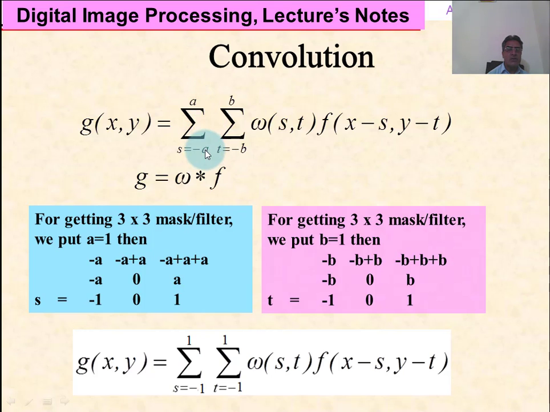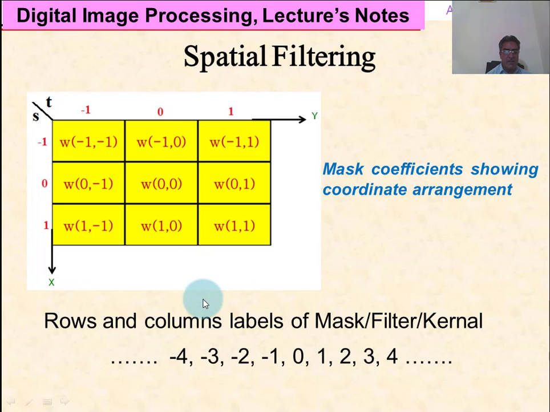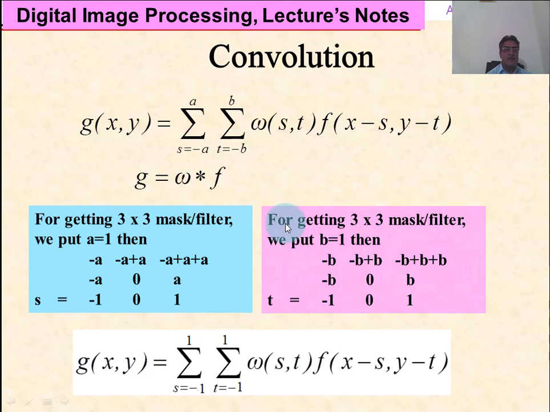If a is equal to 2, then from -2 to 2 there will be 5 values, and this loop will run for 5 cycles, and this loop will also run for 5 cycles. And if a is equal to 3, then from -3 to 3 there will be 7 values, and the external and internal loops will both run for 7 times.